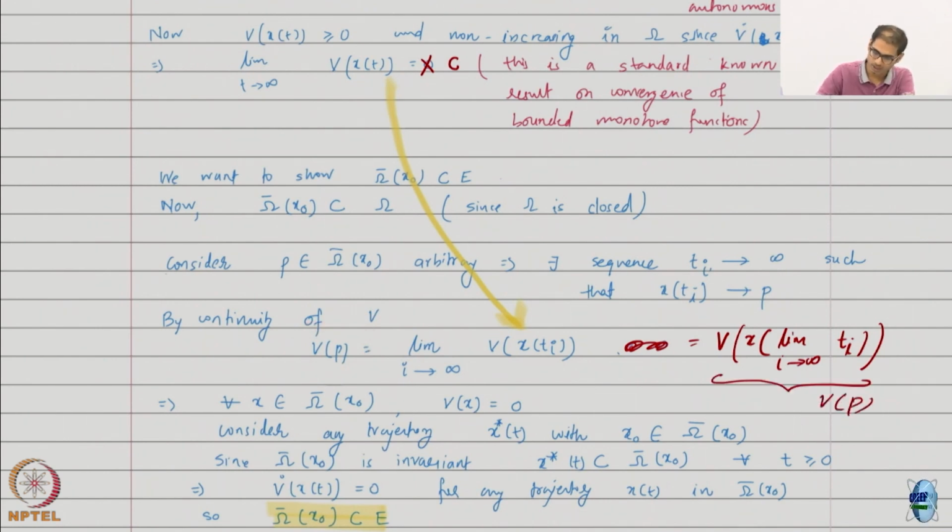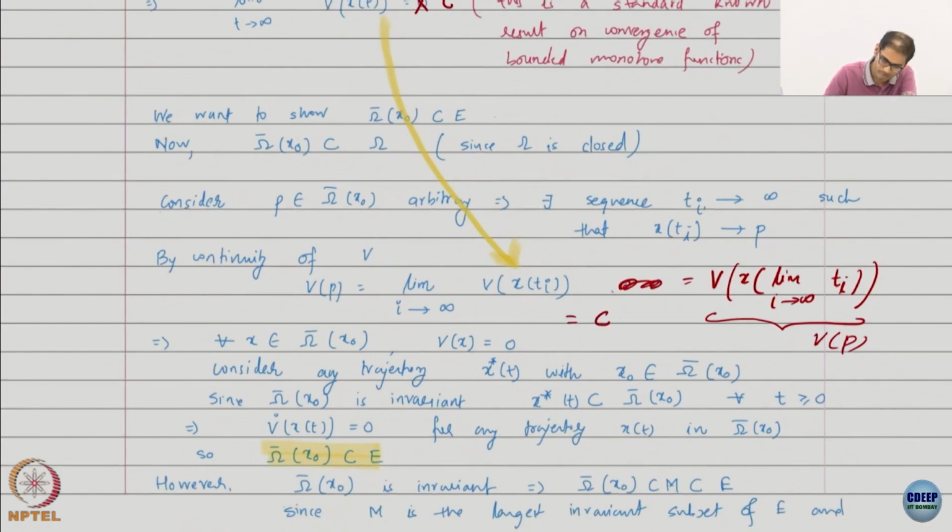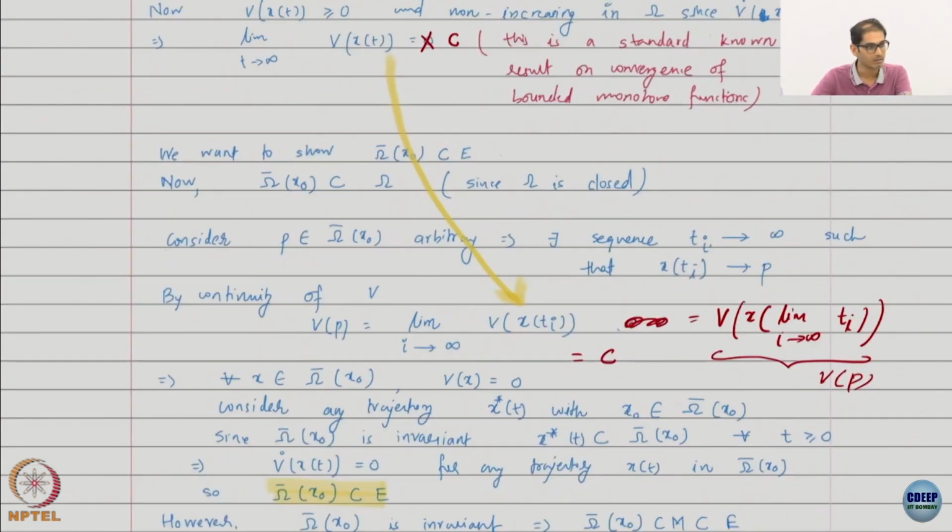Just take the limit here, and this is just p inside by the definition here, and then v of p is this guy, and this limit as i goes to infinity of v of x(t_i), just by moving it outside. And this is equal to some constant, because of this result, by the monotone convergence theorem. This is actually a constant by the monotone convergence theorem.